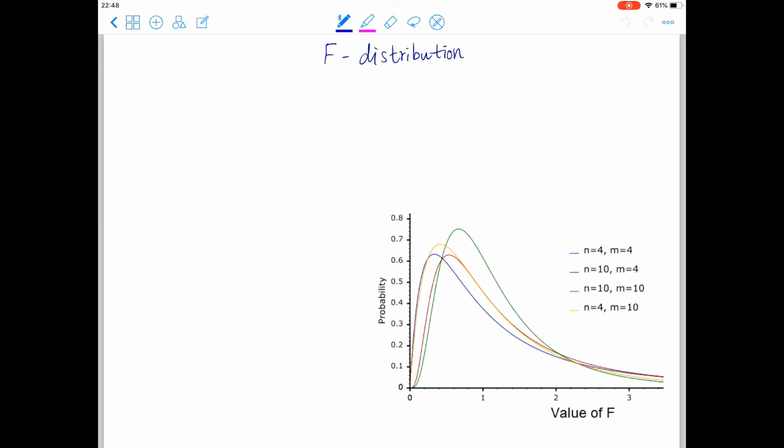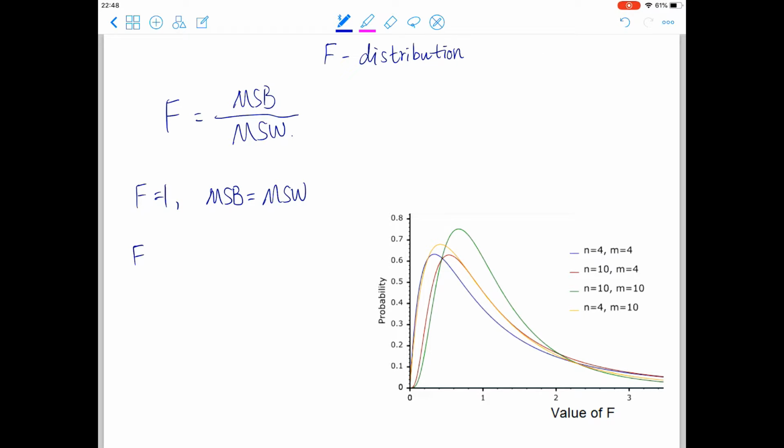The F distribution is about two variances, the ratio of two variances. If F equals 1, which means MSB equals MSW, we may think that is the same graph as the chi-square distribution.